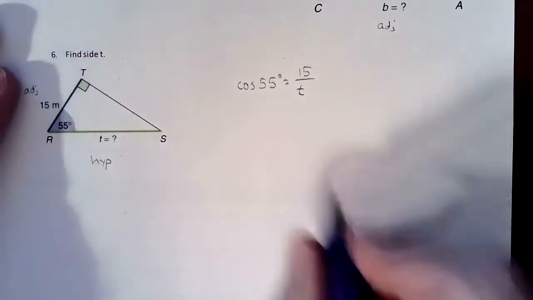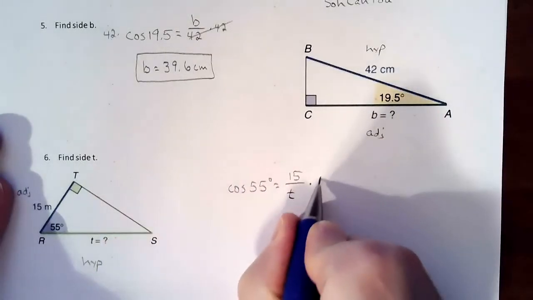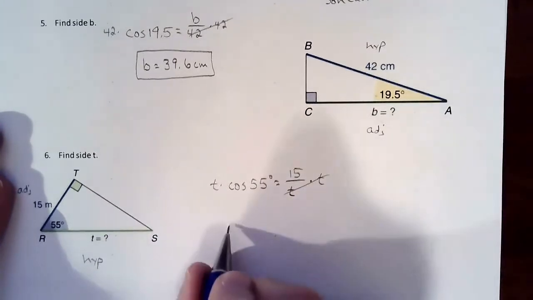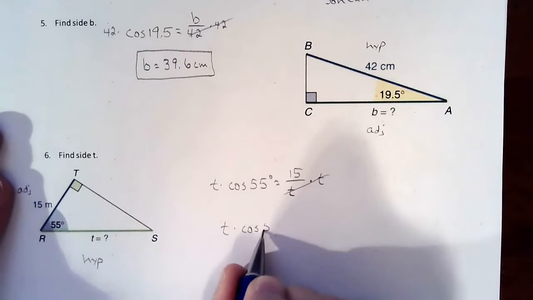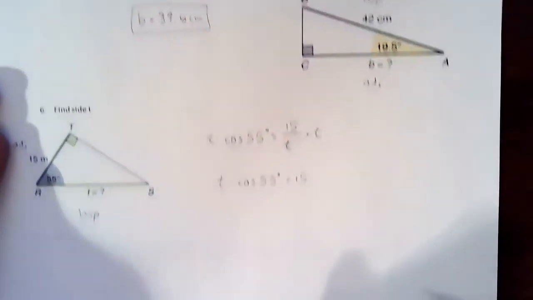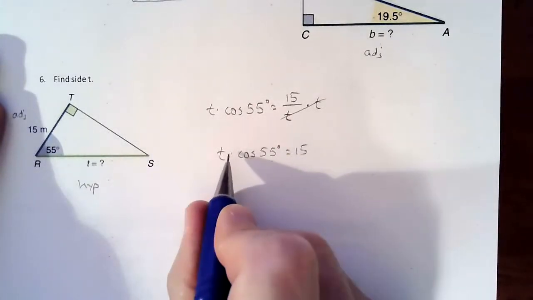All right, so to solve this, we'll start off like we did here. We're going to clear out our fraction. This time we're multiplying by the variable. So that cancels that out. So we're looking at t times cosine of 55 degrees equals 15. And then we want to get t by itself. So this piece is being multiplied to the t.